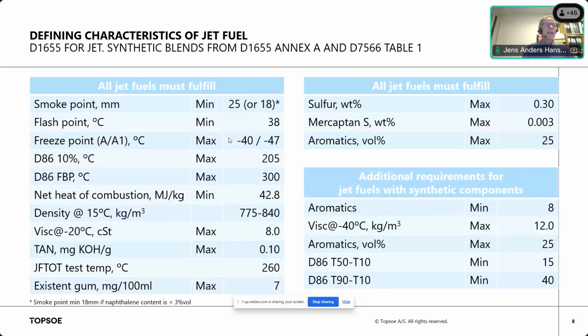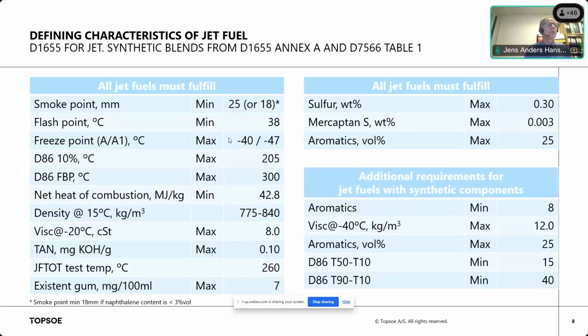There are a lot of different properties you have to meet when producing jet fuel. I will not go through that in detail. All jet fuels must have a decent smoke point, and that will be important for my presentation.